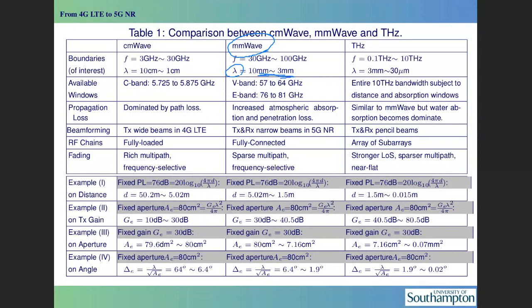Different frequency bands use different ranges of frequencies, and we can calculate wavelength by the equation: wavelength equals the speed of light divided by the central frequency of the frequency band.